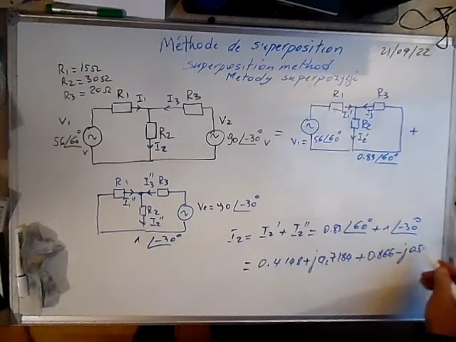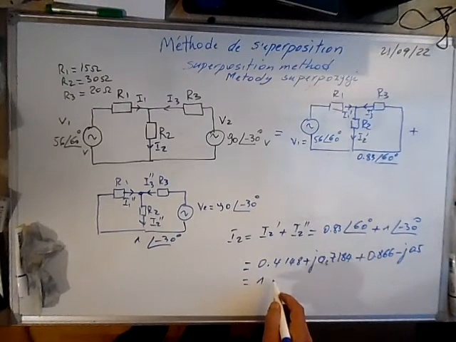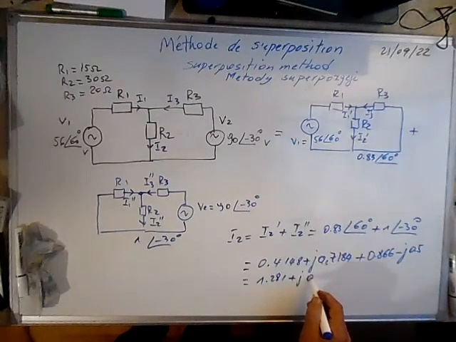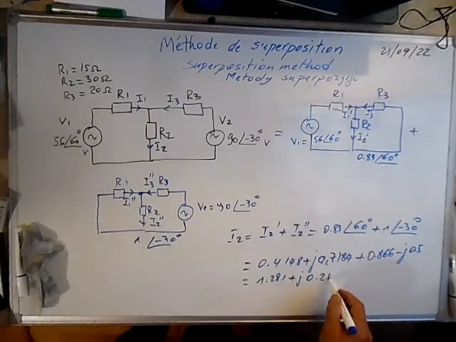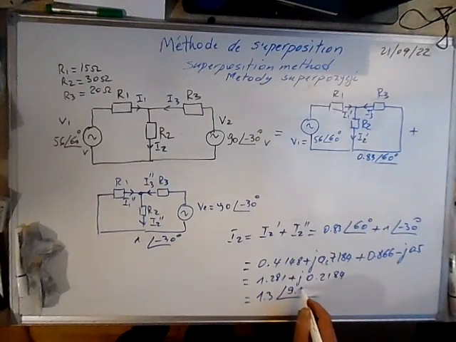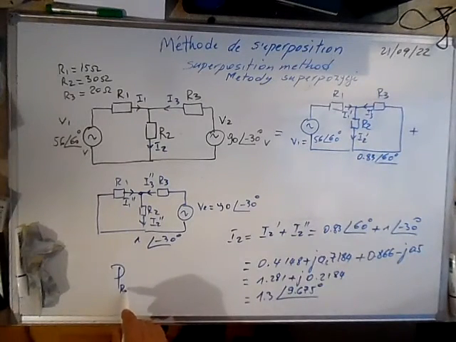This will give us a current of 1.281 plus j 0.2184. In polar form it is 1.3 at 9.675 degrees.